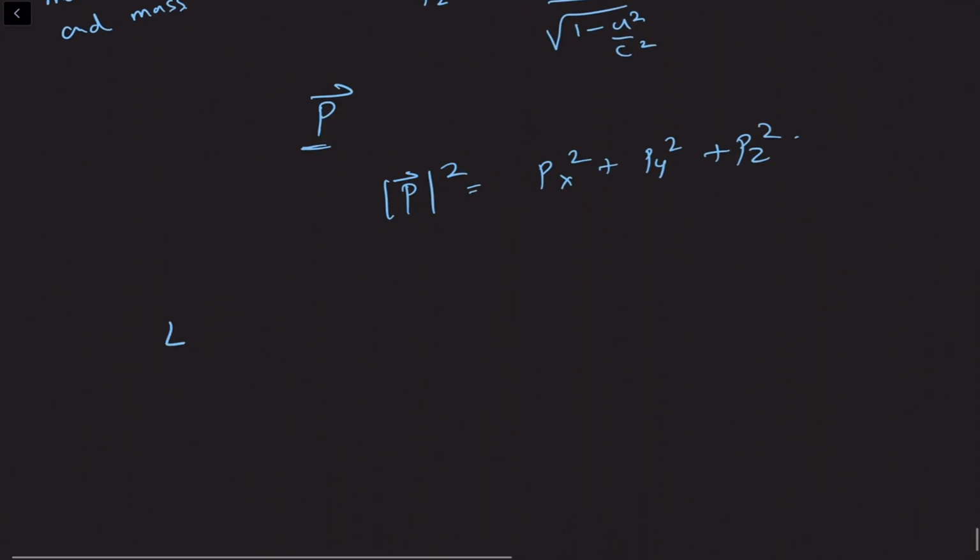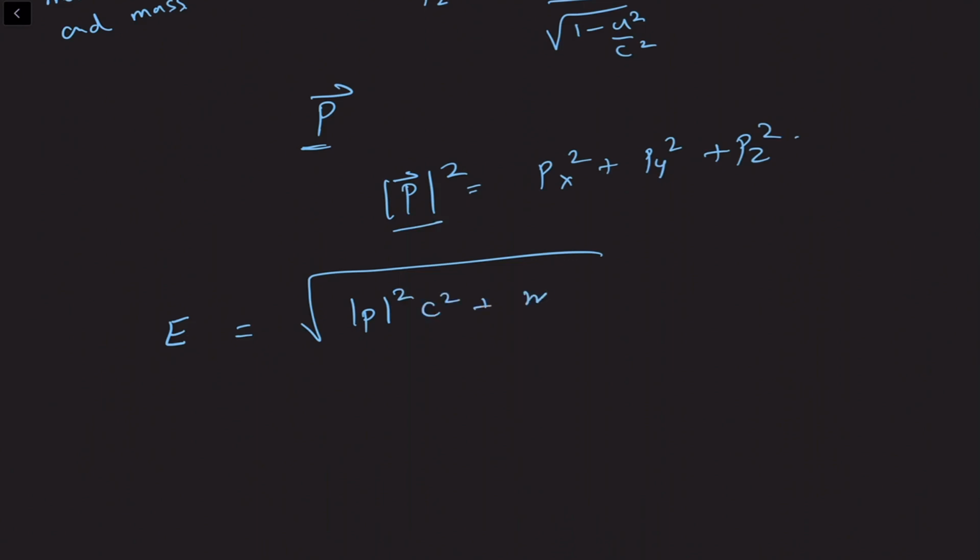Or we can write this as E is equal to the square root of mod p squared c squared plus m squared c to the 4. I'm just going to drop the vector sign, but mod p is the mod of this vector.